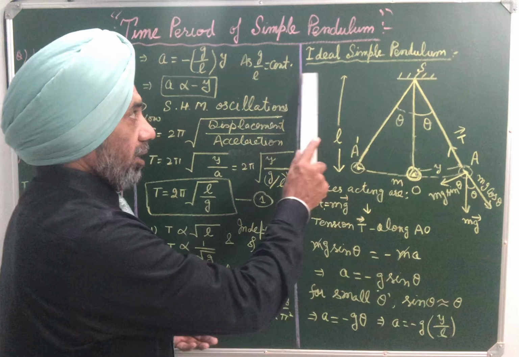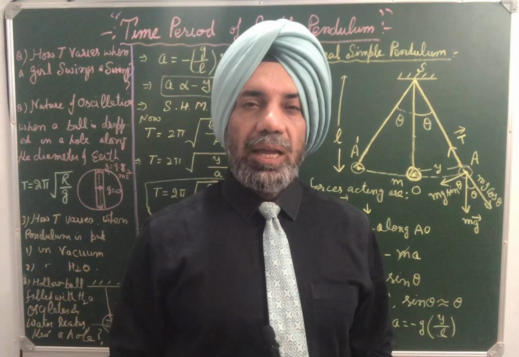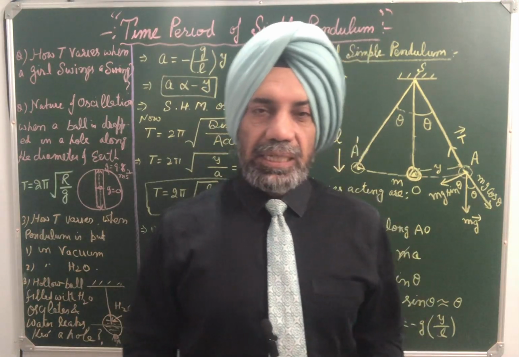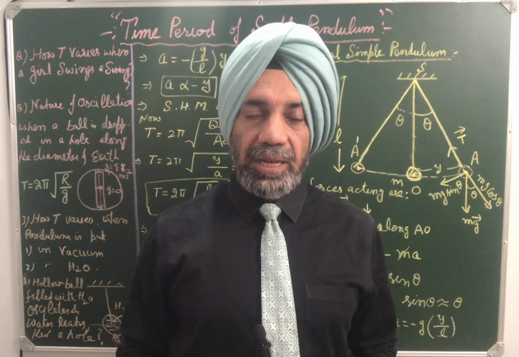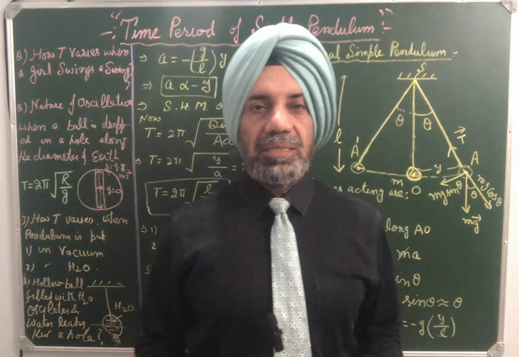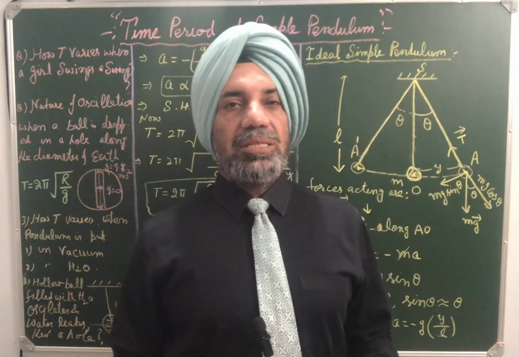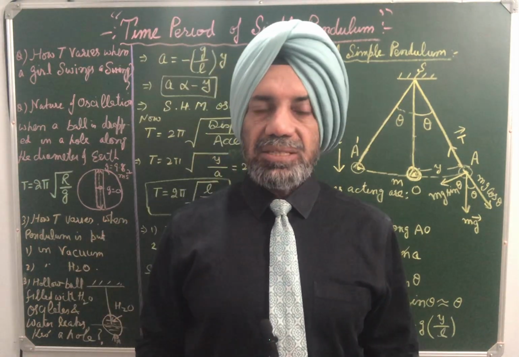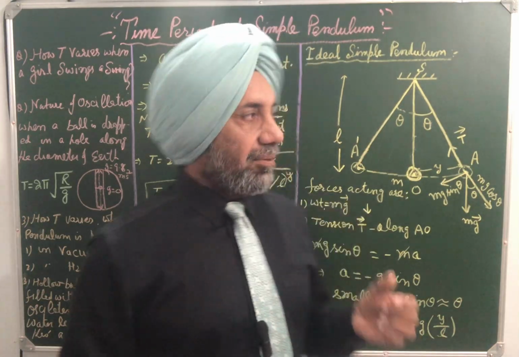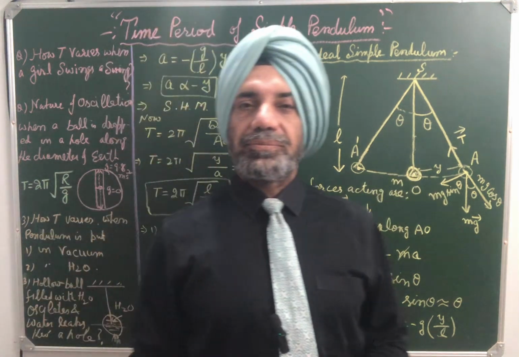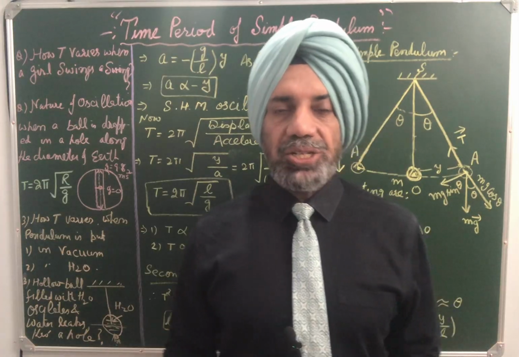So first of all, what does it mean by an ideal simple pendulum? An ideal simple pendulum consists of a heavy point mass suspended from a rigid support by means of an inextensible, weightless and perfectly flexible string, so that it oscillates freely about the mean position.